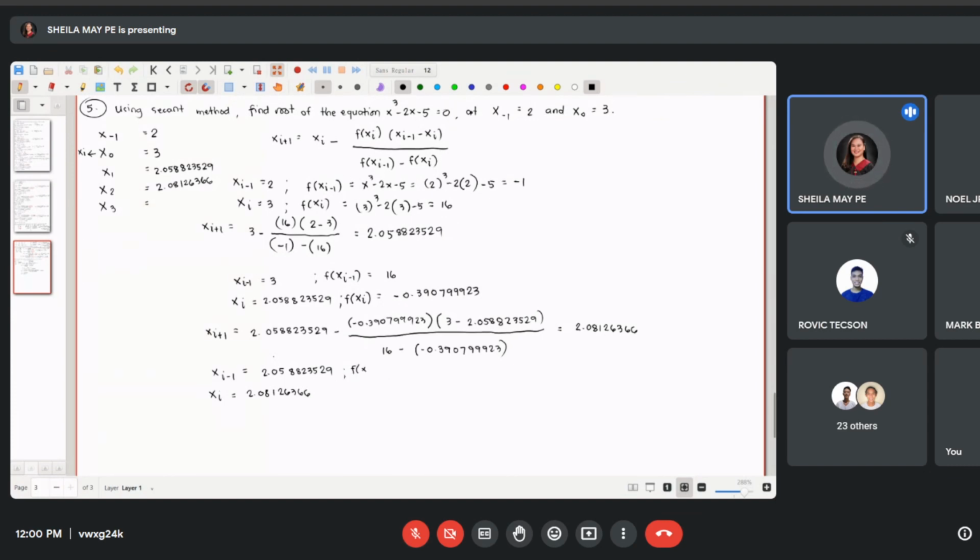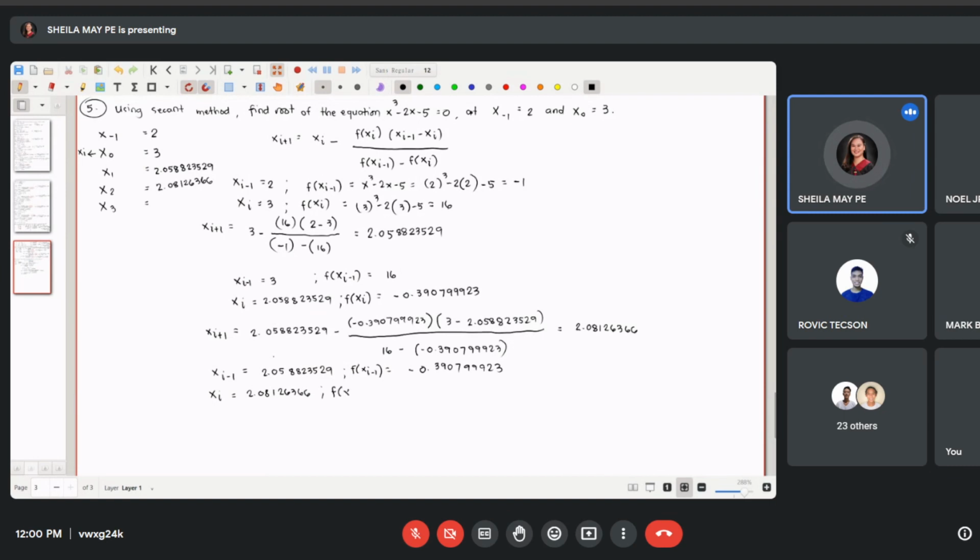The function of x sub i minus 1 is negative 0.39079923.